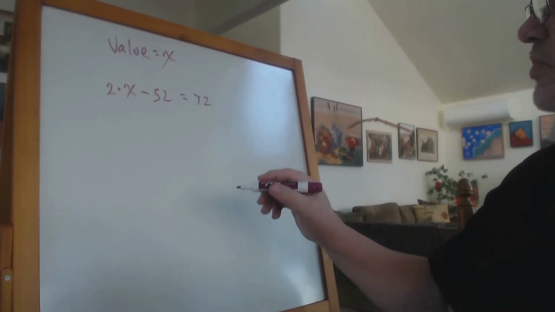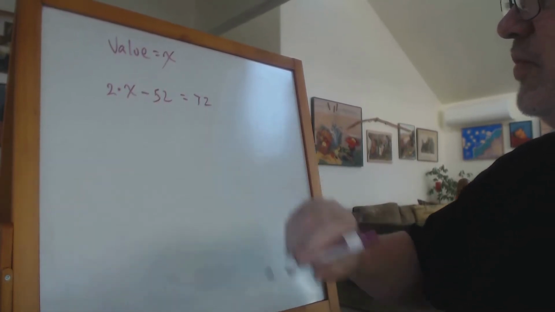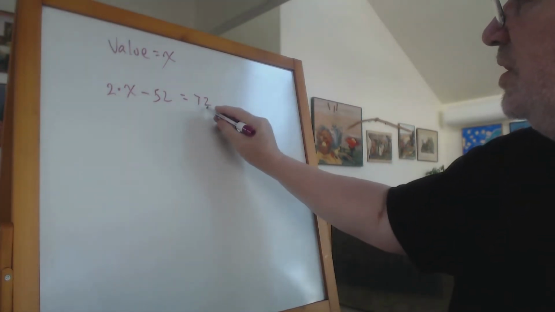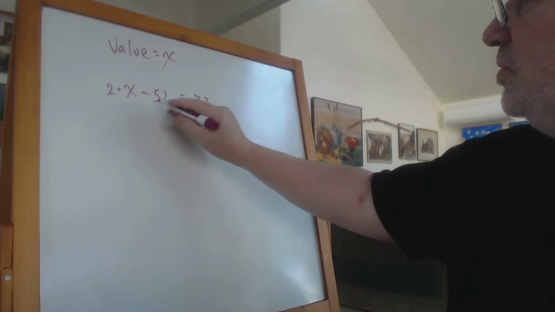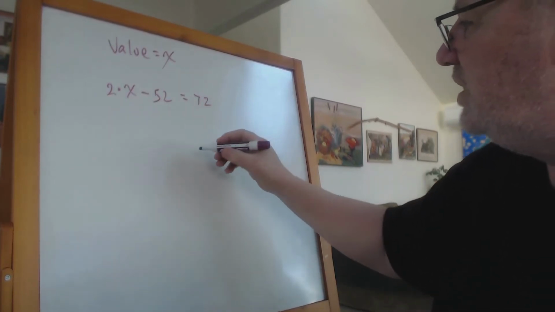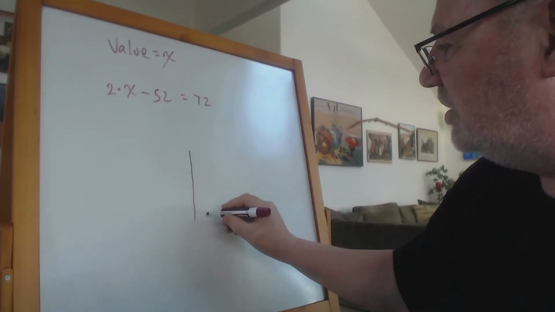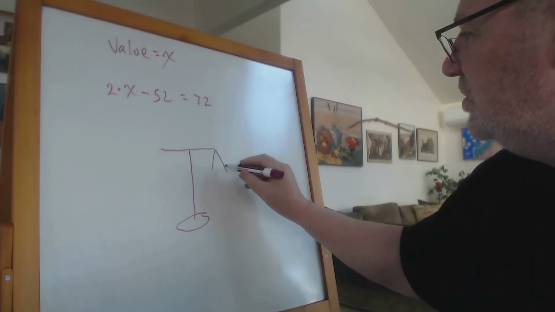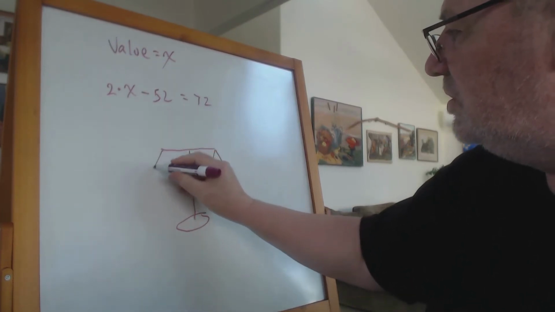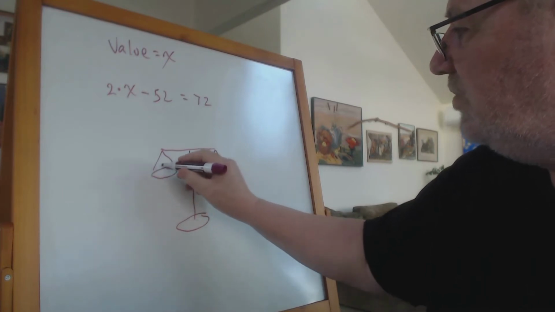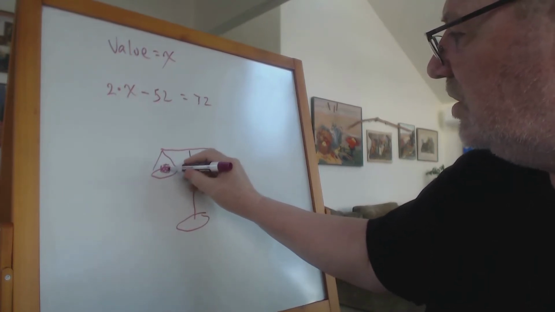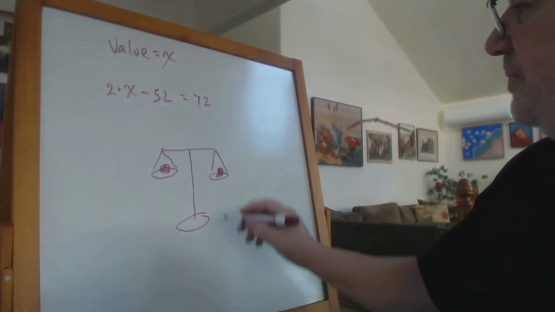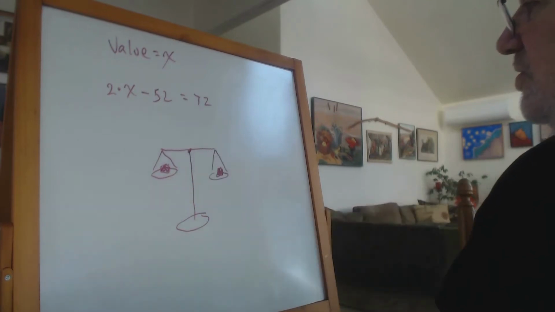Now, I think the most fundamental rule of algebra is that when we have an equation, whatever we do to one side, we must do to the other. We have to think of it as a balance. If we have a lump there and a lump there, and they weigh the same, the balance is level.